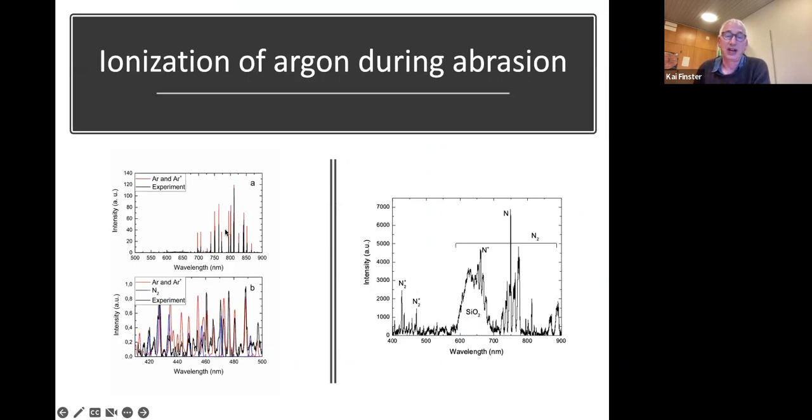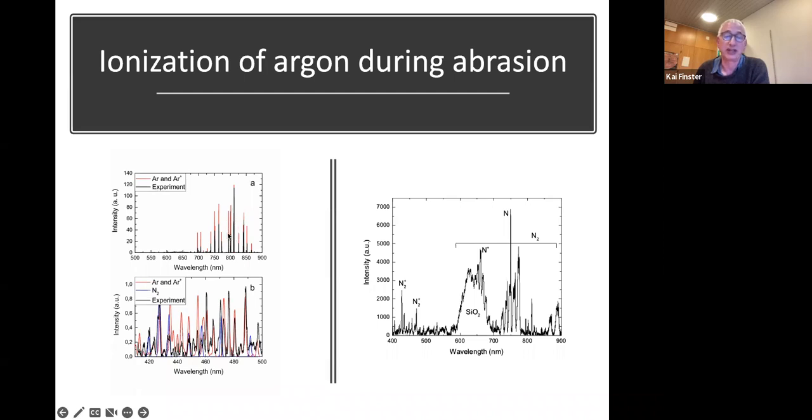What you see here are figures showing the wavelengths at which we measured with the spectrophotometer, and you see these different sharp peaks. The black ones are what our experiments showed, and the blue ones are what you can get from the literature.